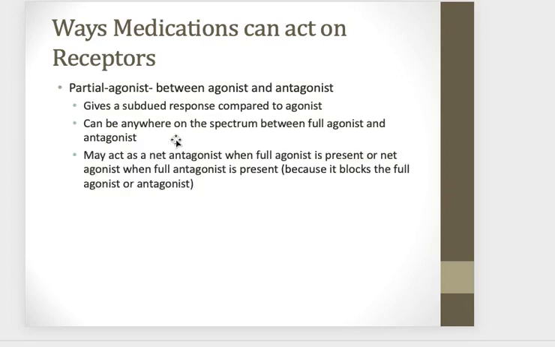A partial agonist is somewhere between an agonist and an antagonist. I know it's not surprising, it's a good name for it. It gives a subdued response compared to an agonist. So it can be anywhere on the spectrum, and a good example of this is Abilify. Abilify, or aripiprazole, is an antipsychotic that's a partial agonist at the dopamine receptor.